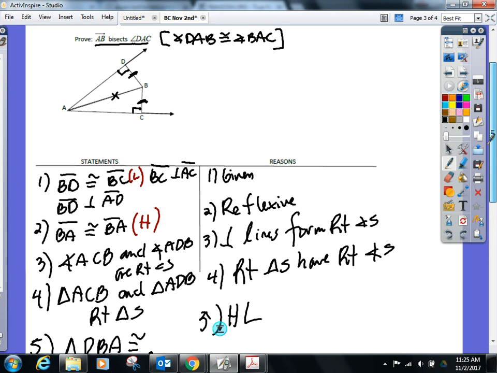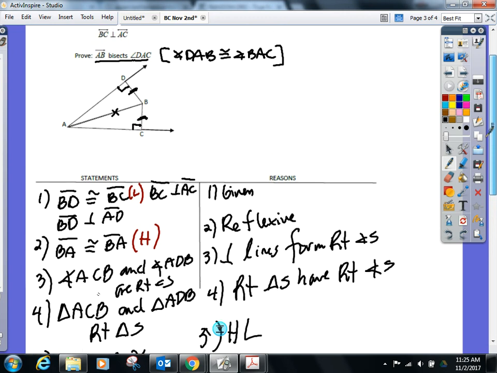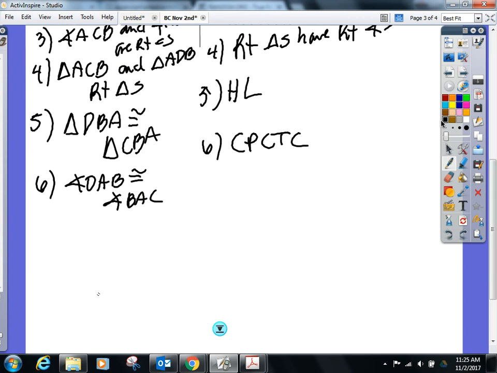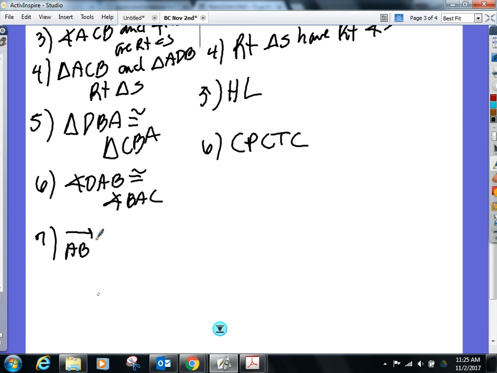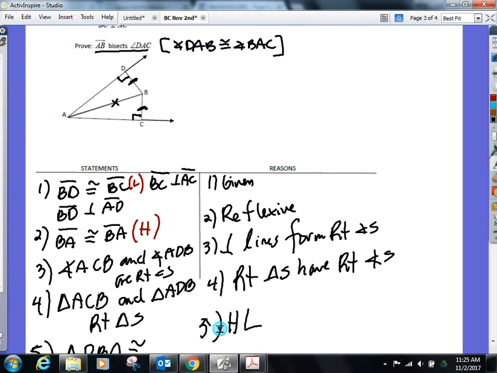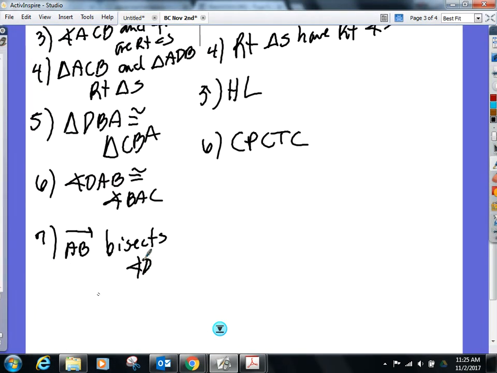Okay, now that I know those two angles are congruent, what do I know about AB? It bisects DAC. We just have to come up with a good reason now. So AB bisects angle, what was it? DAC, yep. Most of you, I would not blame you if you just wrote definition of a bisector.